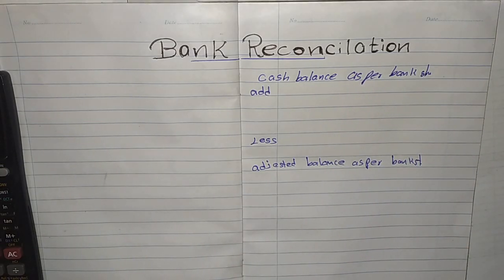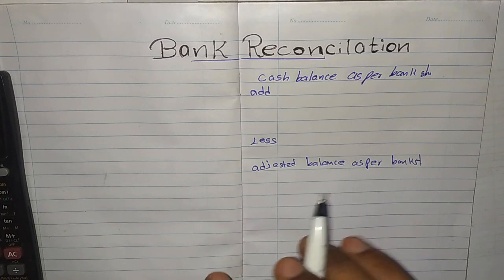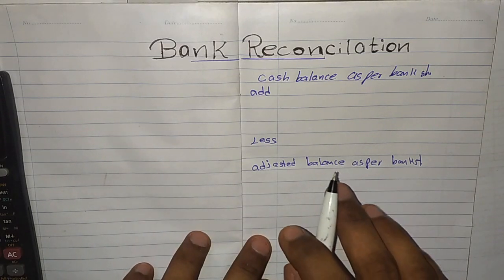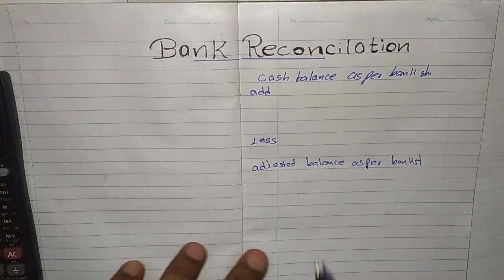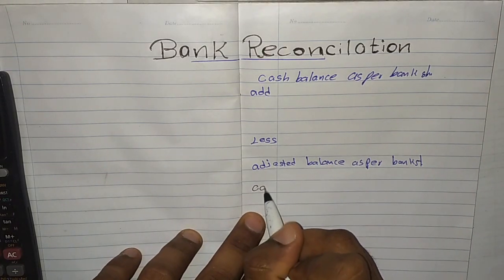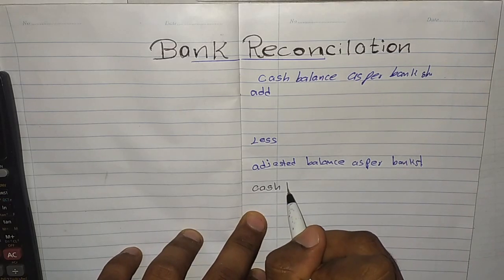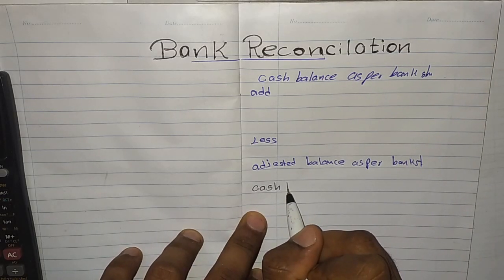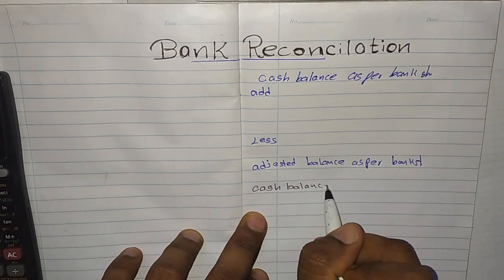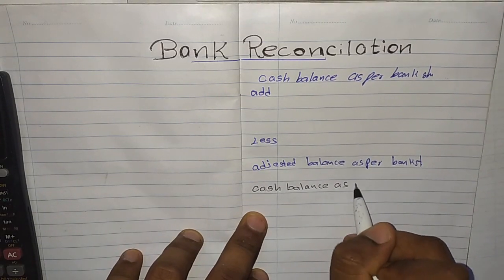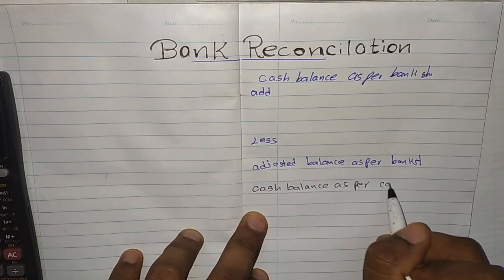Okay, and down below that we are going to continue, but we are going to do it for the company books. So we have a cash book, we have a cash balance as per cash book.